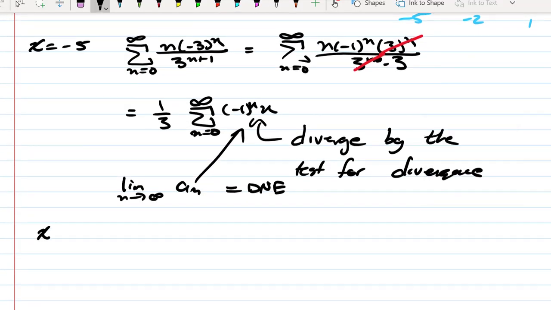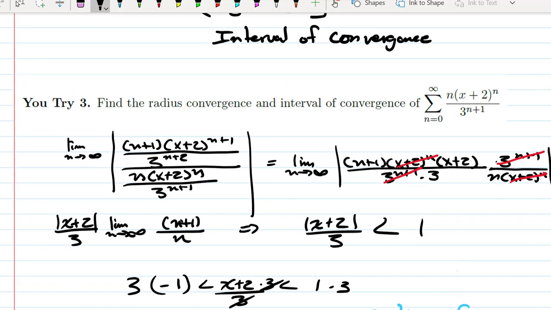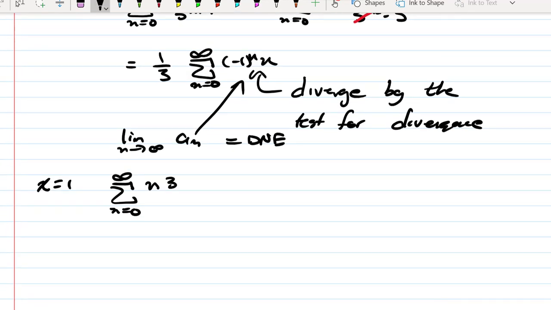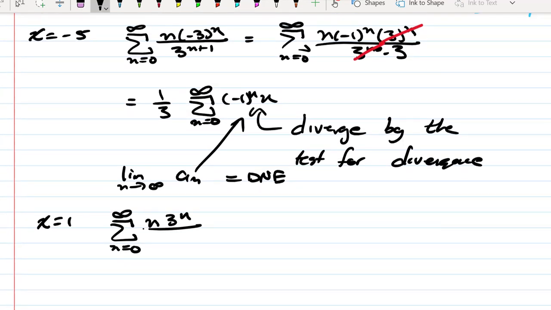And if we do x equals positive 1, we're going to get a very similar result. But this time, if we have x plus 2, 1 plus 2 gives us 3. So we get n times 3 to the n, all over 3 to the n plus 1. Well, this is going to equal 1/3 again. The sum as n goes from 0 to infinity of just n, because the 3 to the n's reduce out and we have 1/3 left over.